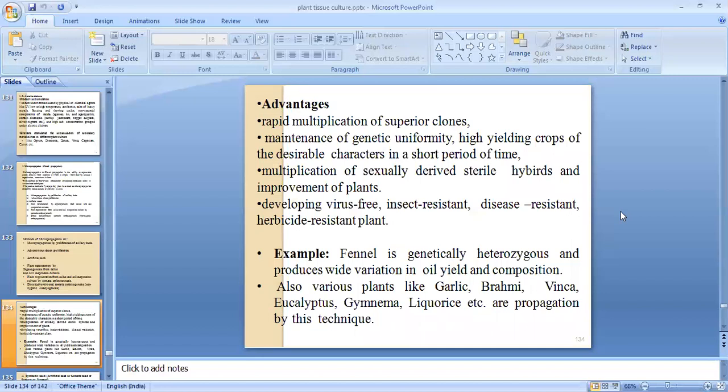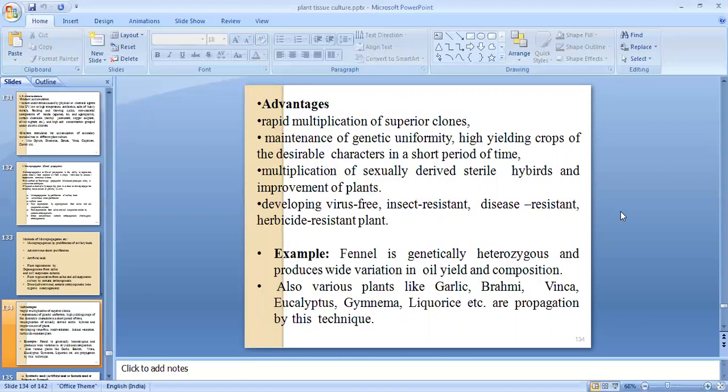So what are the advantages of this micropropagation? Here, rapid multiplication of superior clones can be maintained, and we can maintain the genetic uniformity of high yielding crops, or whatever desirable characters, within a very short time period.